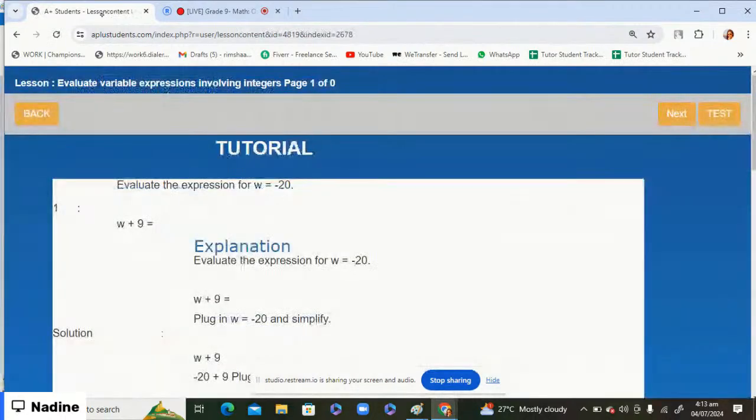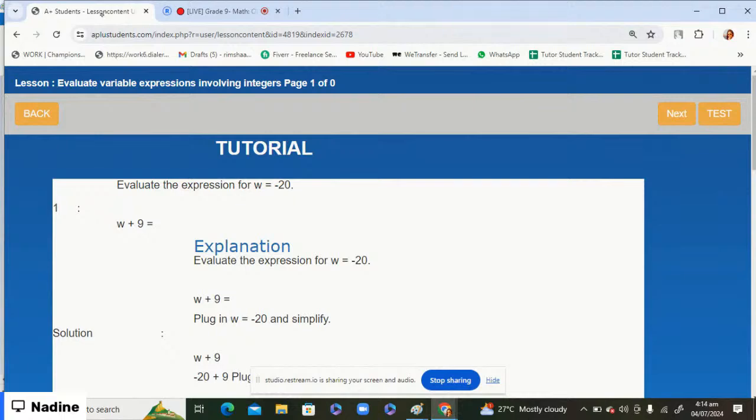So evaluate the expression for w equals minus 20. If some numbers are added, subtracted, multiplied, or divided, and they are combined with variable expressions, we put the number in place of the variable, then check which rule is applied, and then solve it.